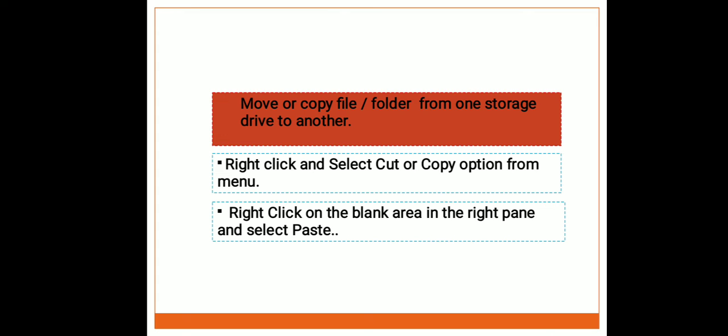There are several ways to move or copy data from one drive to another drive, and I'm going to discuss one of the popular, common ways: copy and paste, or cut and paste.